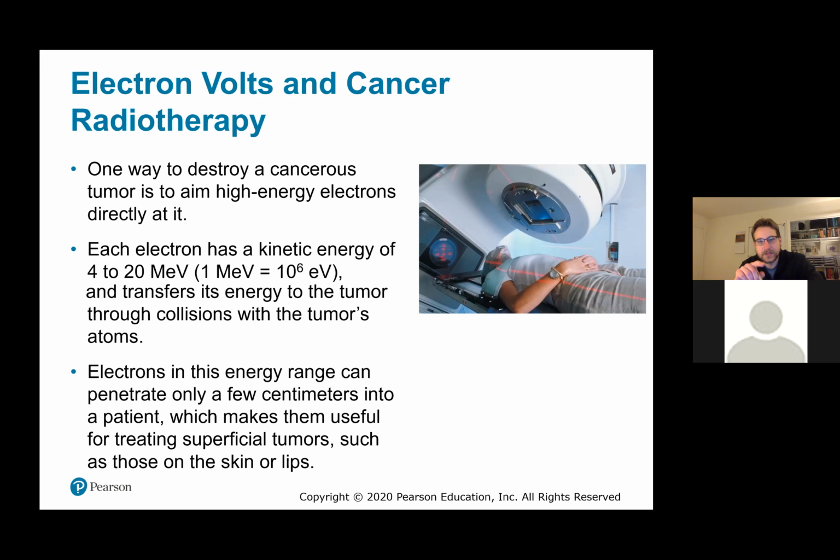What kind of electric potential is needed to talk about electron energies in mega electron volts? If we're talking about 10 mega electron volts, that's 10 to the 7 eV.